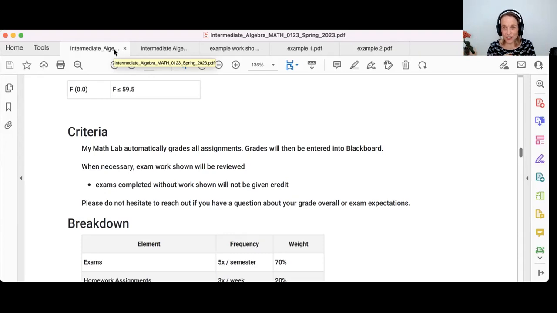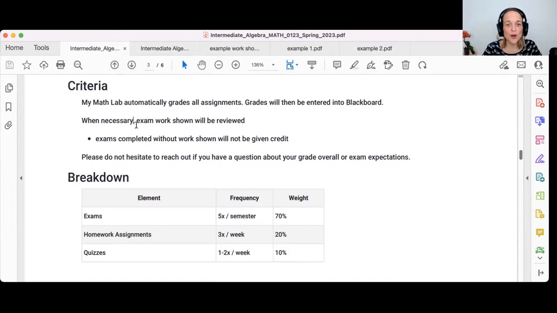You're getting the correct answer and you're taking an adequate amount of time on the exams. I'm not looking to make your life more difficult. I'm just looking for you to show me that you understand this and that you did this yourself. Okay, so you have to show me your work for each exam. If you do not, it will not get credit.